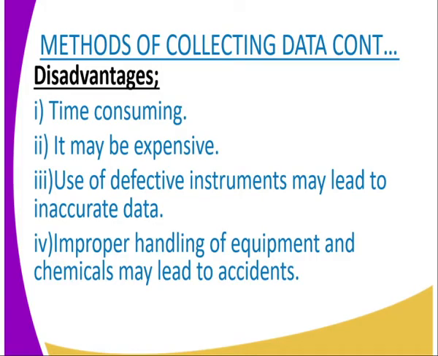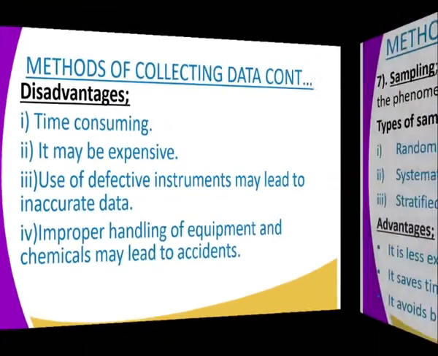The materials used to get the age of the rock are expensive. Then use of a defective instrument may lead to inaccurate data. Then improper handling of equipment and chemicals may lead to accidents.